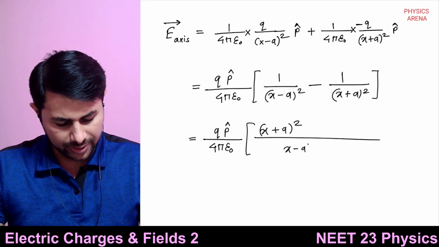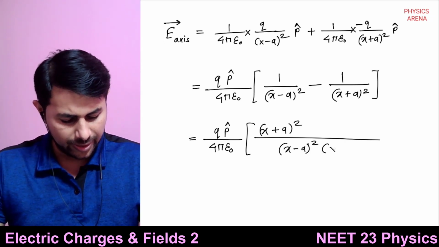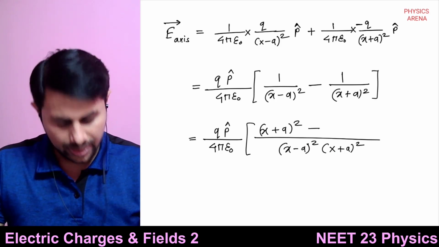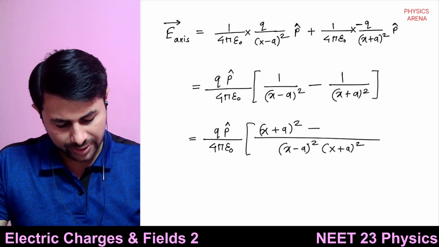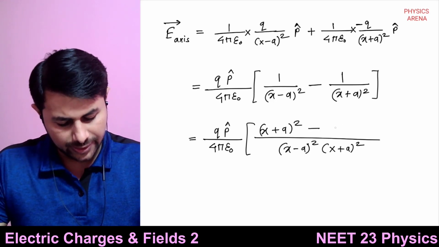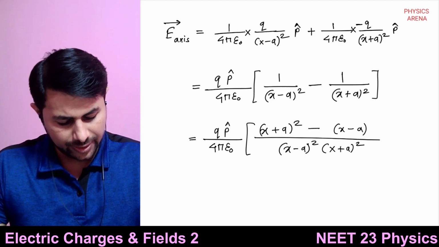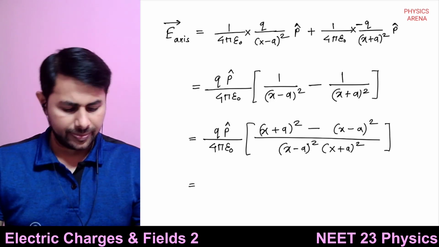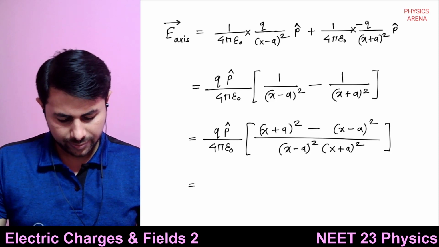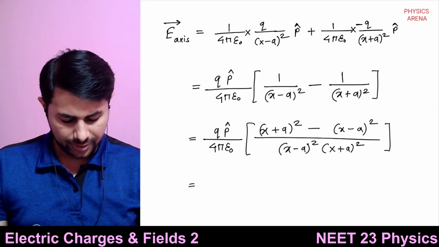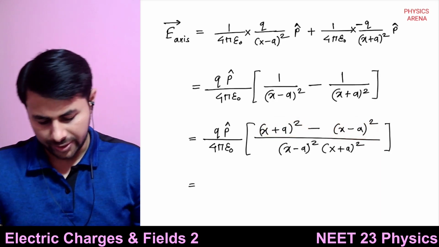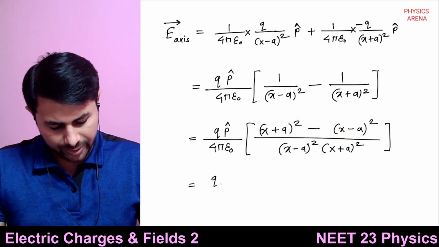This is x minus a square multiplied by x plus a square in the denominator, and in numerator we'll have x plus a square minus x minus a square. Okay, then we can expand this x plus a square and x minus a square. So what do we get?